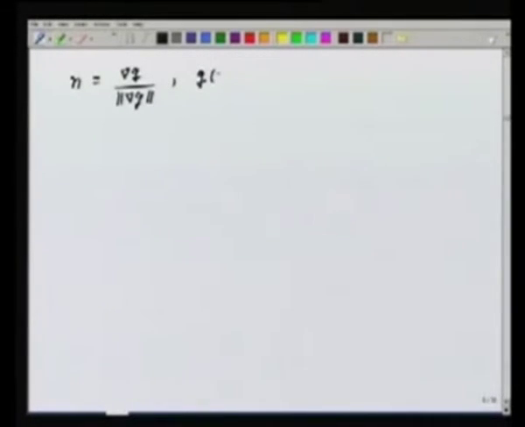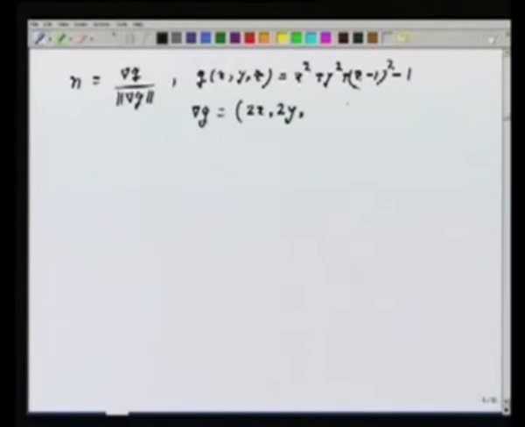Well, g of x, y, z is x square plus y square plus (z minus 1) whole square minus 9. Then grad g is a vector. That vector is given by 2x, 2y, 2 times (z minus 1), right?